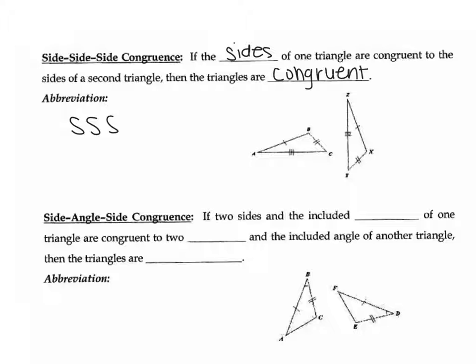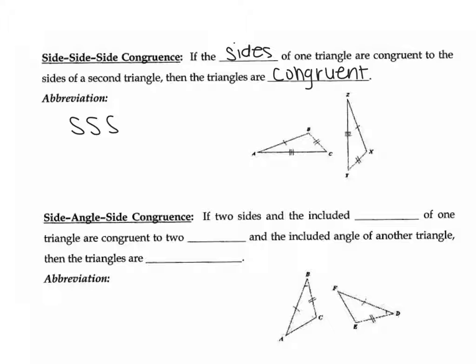So what this means, it doesn't mean that all three sides are congruent to one another in each triangle. It just means corresponding sides are all congruent. So if we look at our picture, we see that AB is congruent to ZX, BC is congruent to XY, and AC is congruent to ZY. So because all three corresponding sides are congruent, the triangles have to be congruent as well.